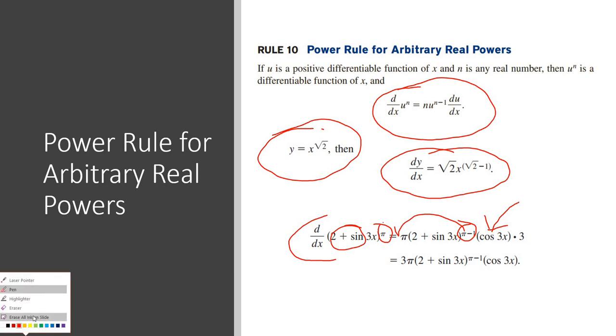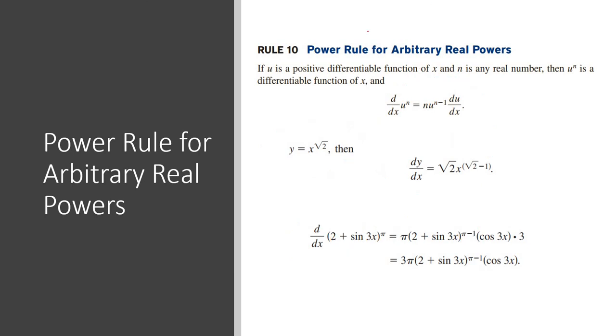It's just basically saying that the power rule can apply to situations like this where our exponent is a square root or a number like pi, as long as the function inside that's being raised to that power is a positive differentiable function of x.